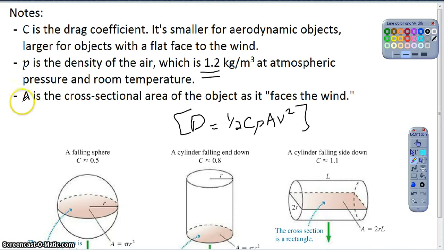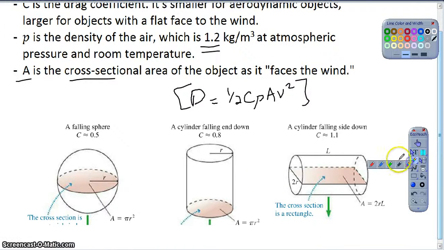And then finally, A is the cross-sectional area, and that is a very important concept there. So as an object is falling, for instance, as this sphere here is falling, the area would be just that cross-sectional area of that circle. That would be a cross-section of that sphere. So A represents basically the surface area in the direction that it is falling.